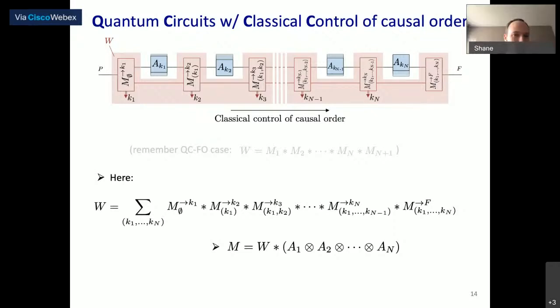All right, so a question from Alex Kissinger. Is it possible to give a fixed generating set for the quantum-controlled quantum circuits, for example, with systems of a fixed dimension like qubits, maybe after closing under composition? So you mean to try to build any such circuit only with qubits?